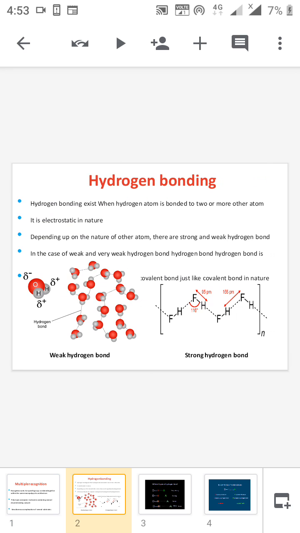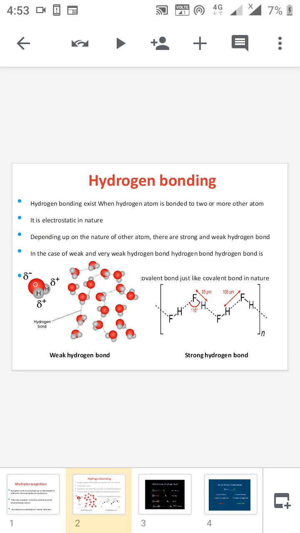Hydrogen bonding exists when a hydrogen atom is bonded to two or more other atoms. Naturally, it is electrostatic in nature. The hydrogen bond is electrostatic in nature, but that depends upon the nature of the other atom.